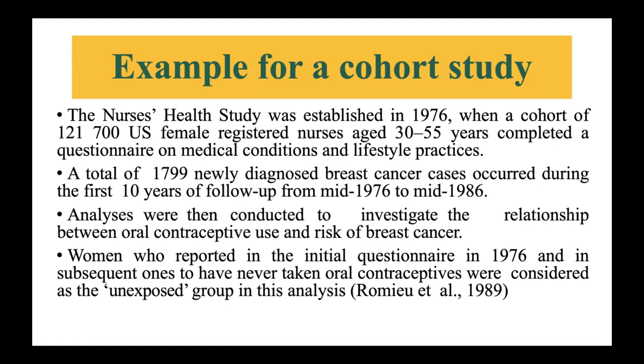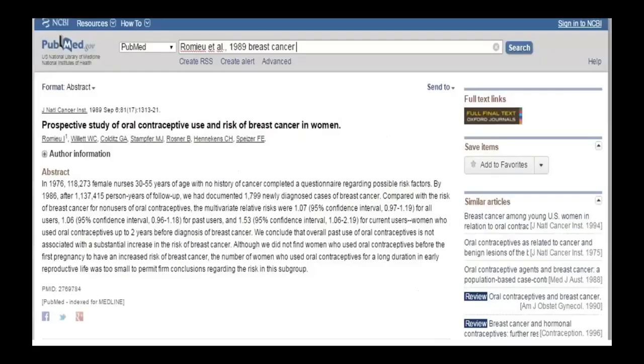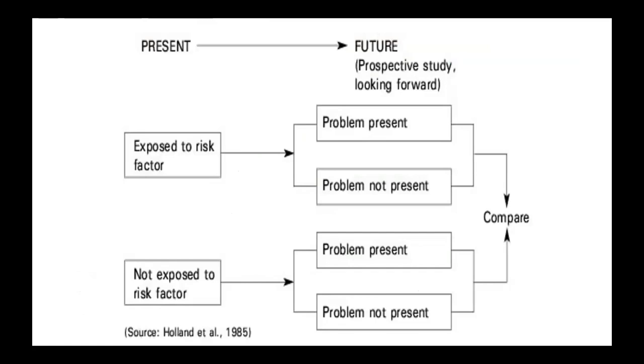In this, there are two groups: one is the exposed group and the other is the unexposed group. So keeping in mind these two groups, we have to calculate the inference from this study. So this is the study that was published.